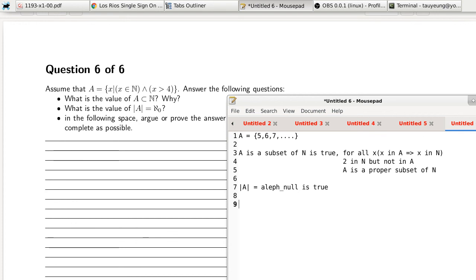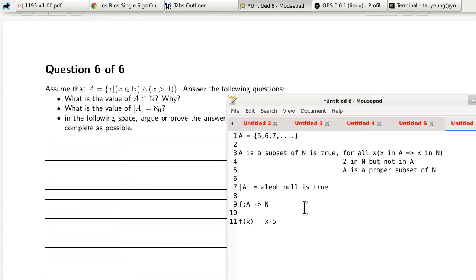The way to prove or argue for this is to make a function. Let's define a function f that maps A, which is our domain, to the codomain N, the set of all natural numbers. Just because we claim there's a function doesn't mean it's done, so we have to make it happen. f of x is, in this case, x minus 5. So f of 5 is 0, f of 6 is 1, and so on.